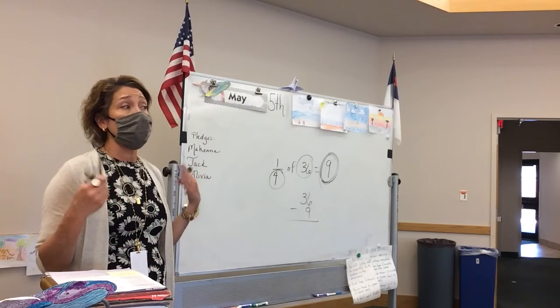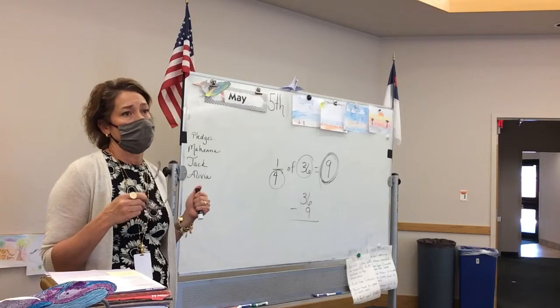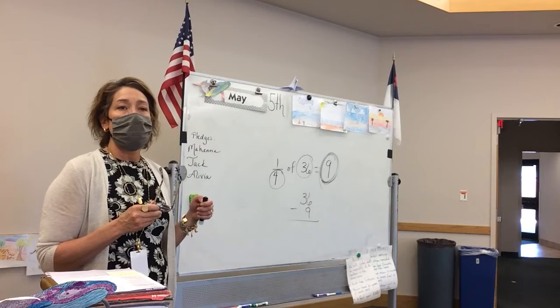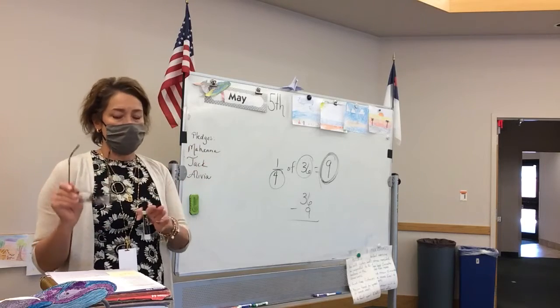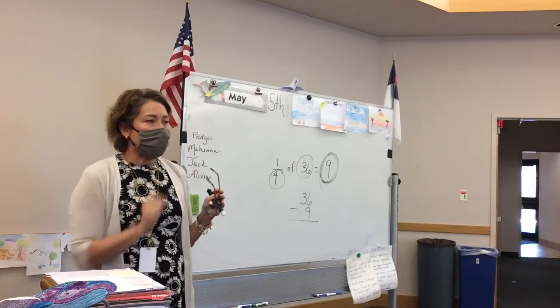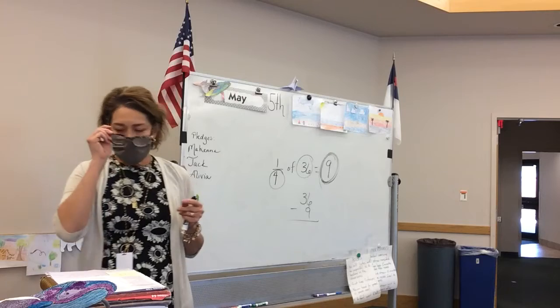So when you're testing on this, you have to read the story problems very carefully. Don't rush through it. Take your time and go through each part, okay? If you get one part done, cross it out on your story problem if that helps. Just whatever helps you get it done.